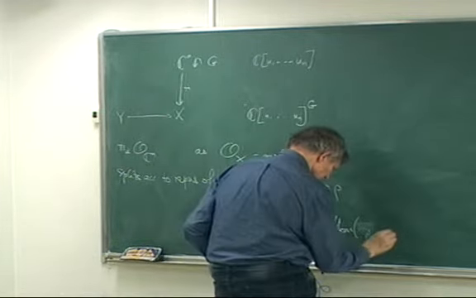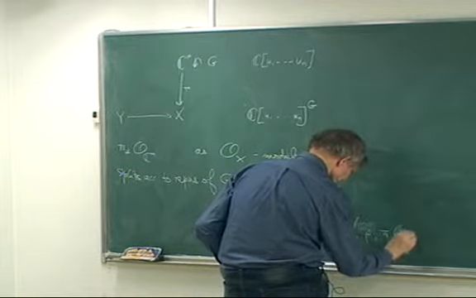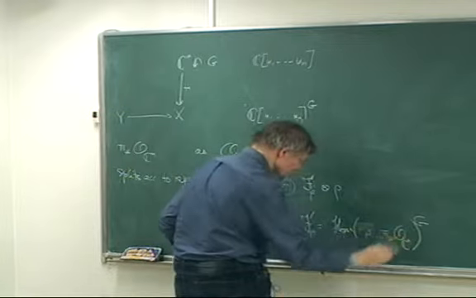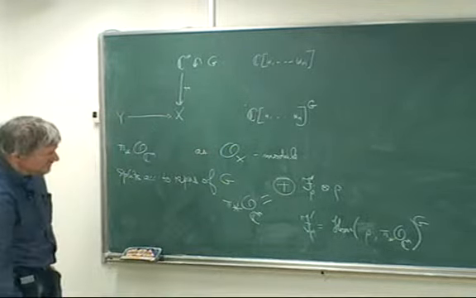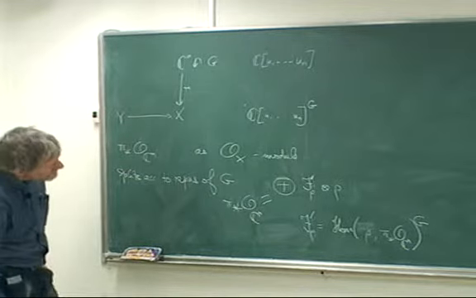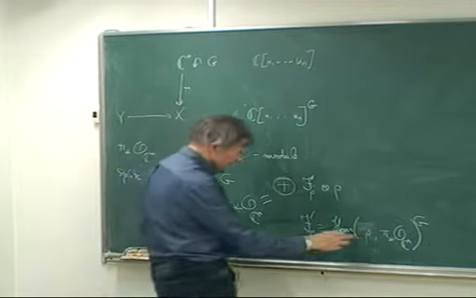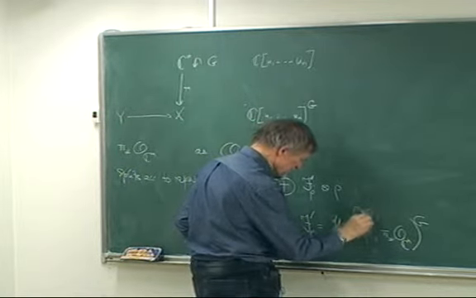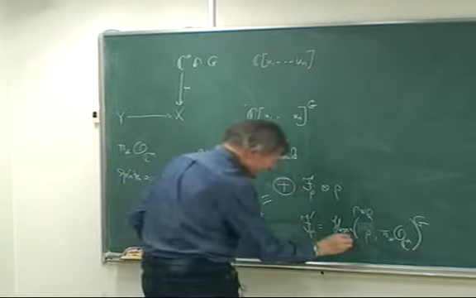rho into pi r star OCN. And this is supposed to be G. So I could do rho tensor OX here, and put OX here.